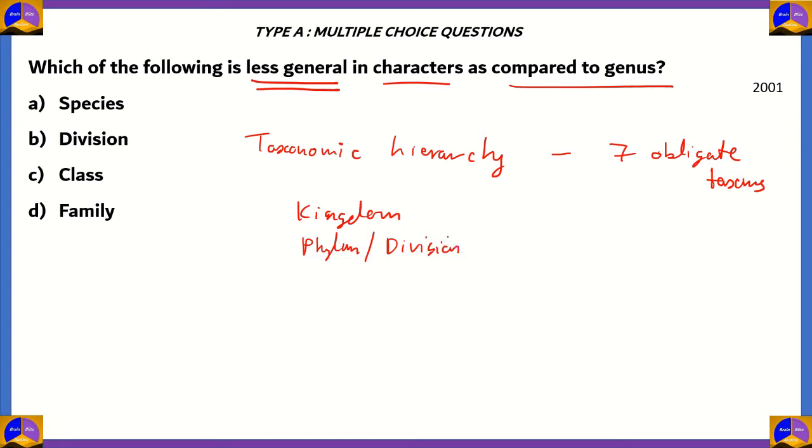Phylum is used for animals, division is used for plants. Then we have class, and then order. Then we have family, genus, and finally species.